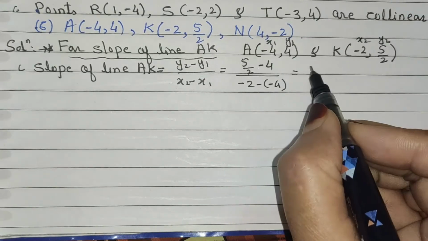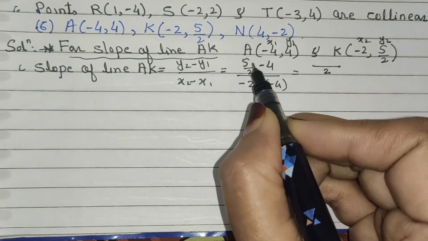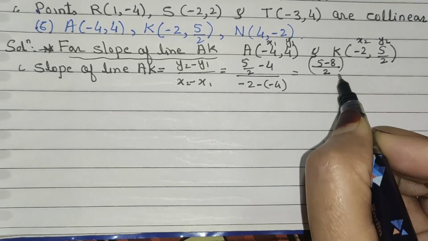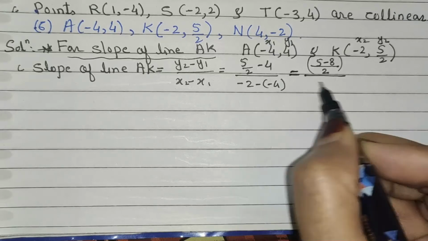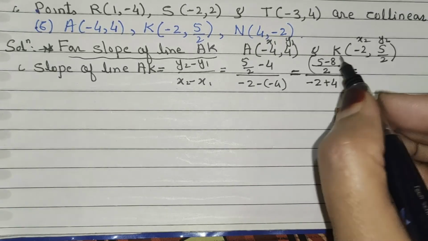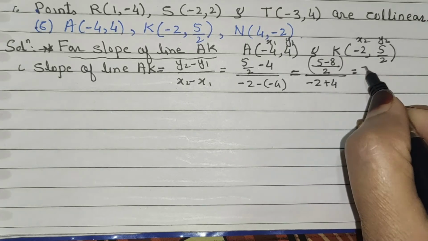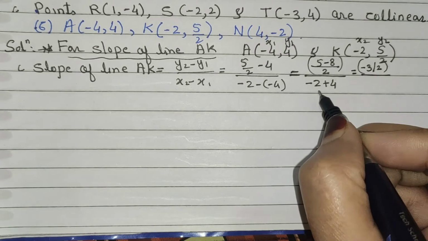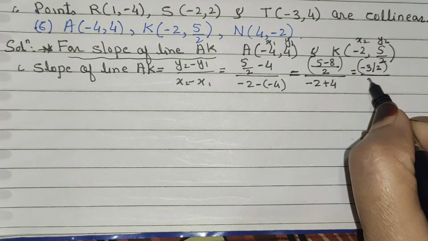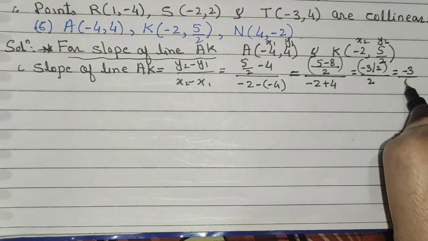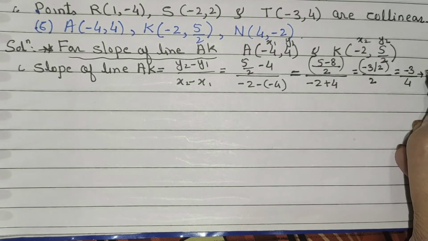Now here take the LCM 2 and cross multiply, means 5 minus 8 upon -2 plus 4. Look here, 5 minus 8 means -3 upon 2, upon -2 plus 4 means 2. It can be written as -3 upon 4. Give it equation number 1.